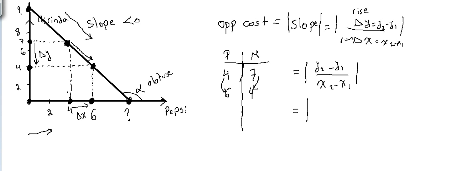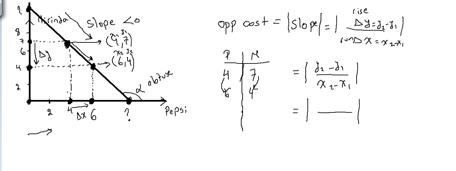Let's say this is the first point. The coordinates of the first point are abscissa 4, ordinate 7. The second point has coordinates 6 abscissa, 4 ordinate. So this is x1, y1, and this is x2, y2.